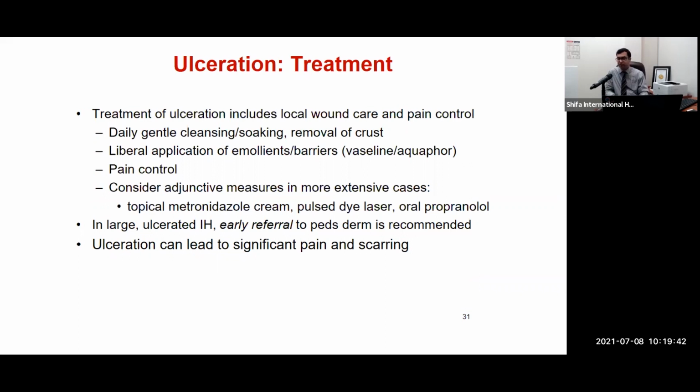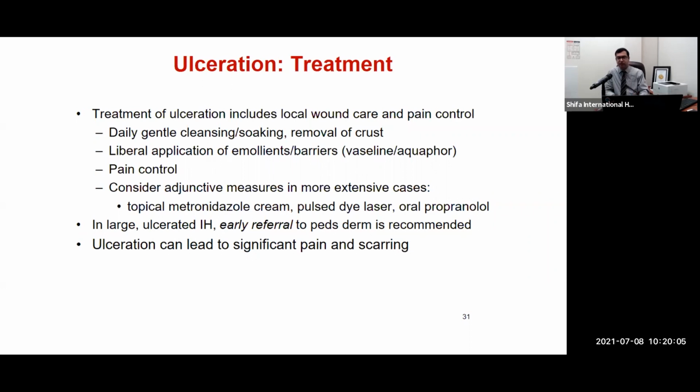Now, liberal emollients, barriers, pain control, but please do consider infection. So pain control and infection, and then obviously we have to make the child comfortable. Rule out infection, and then manage the ulceration itself with removal of crust, cleansing, soaking, and moisturizer.